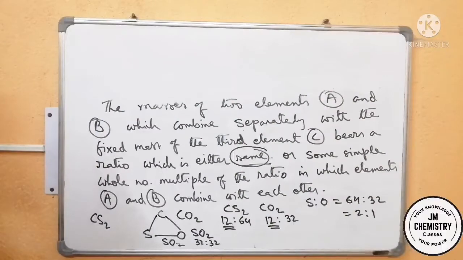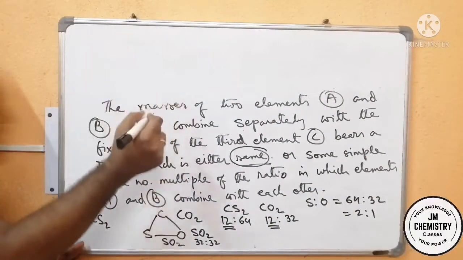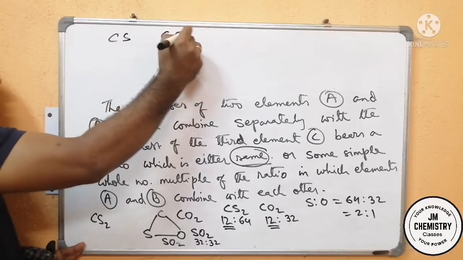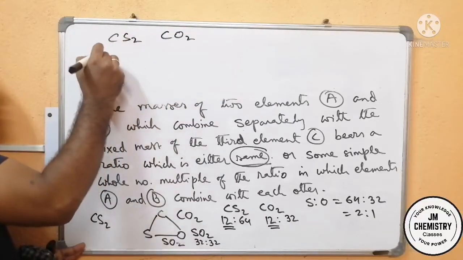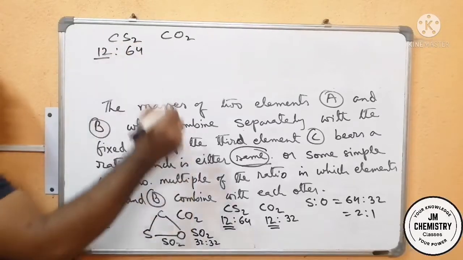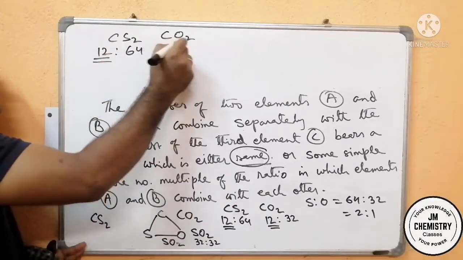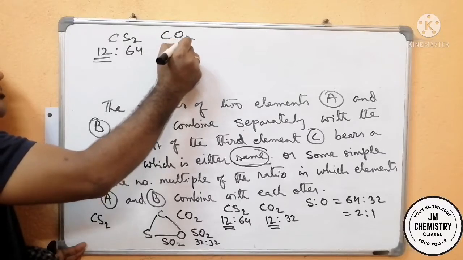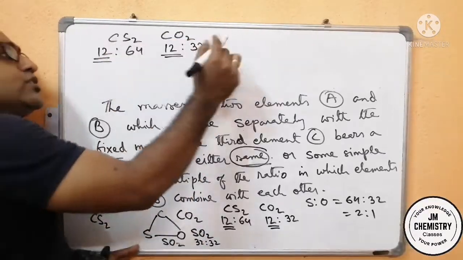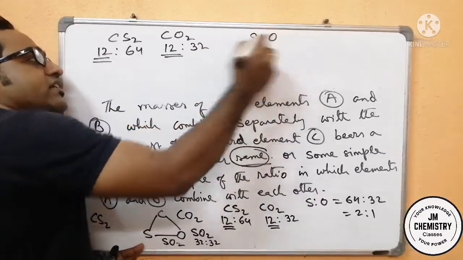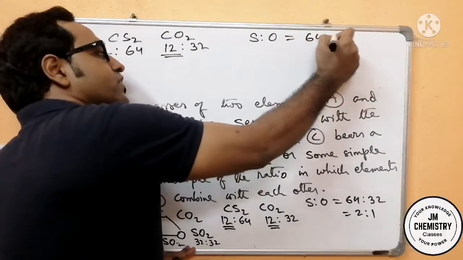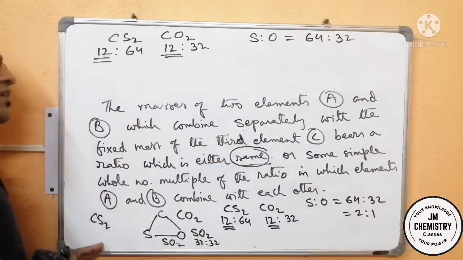So what we have seen is that in the case of carbon disulfide and carbon dioxide, 12 gram carbon combined with 64 gram of sulfur. Here in carbon dioxide, 12 gram carbon combined with 32 gram of oxygen. So the ratio of sulfur to oxygen in these two compounds is 64 is to 32.